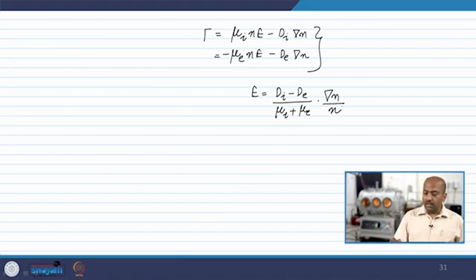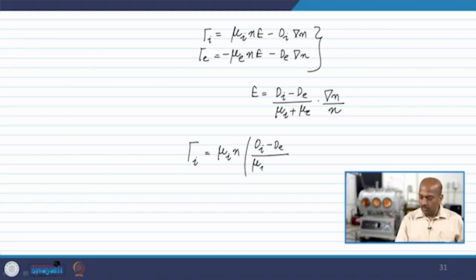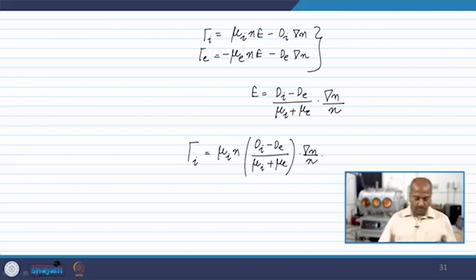We can use this electric field in any of the flux of ions or electrons to write ΓI as μI times n times (DI − De) divided by (μI + μe) times ∇n by n − DI ∇n.